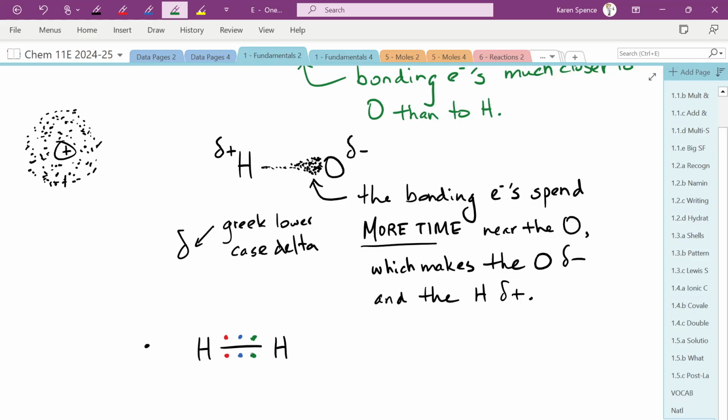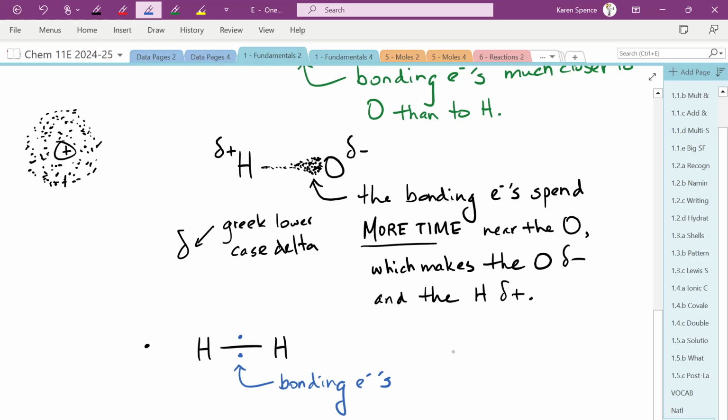Why are they in the middle? Yeah, they're the same element.